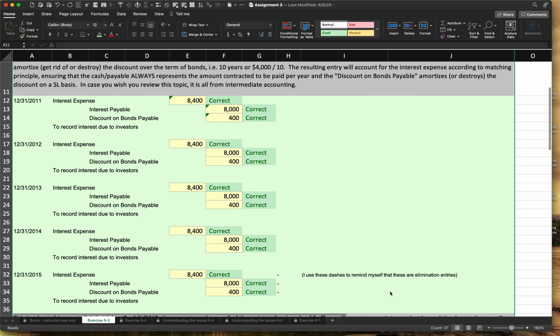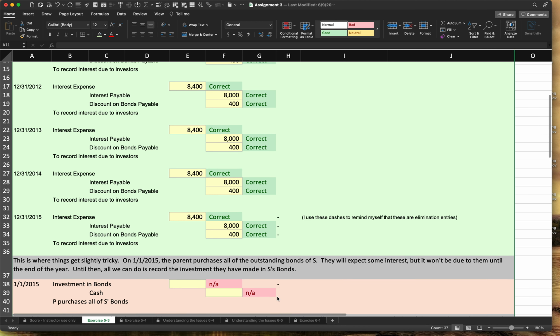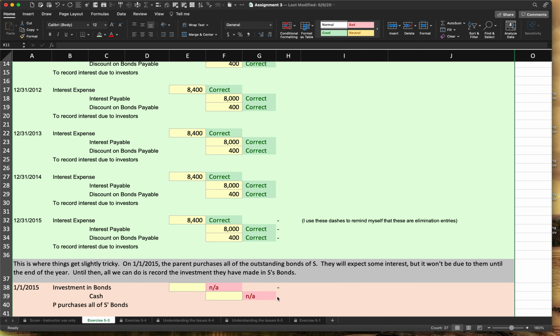So that year, the subsidiary is going to record yet another interest expense entry. But what happens with the parent, we want to record that as well, beginning Jan 1, 2015, because that's the date the parent purchases all of the outstanding bonds of the subsidiary.